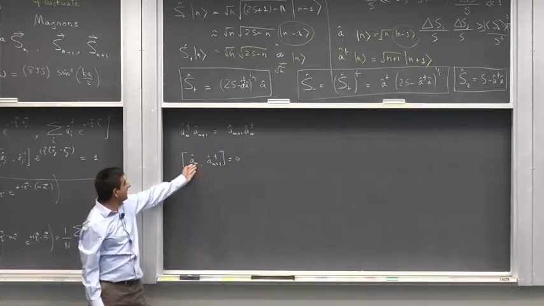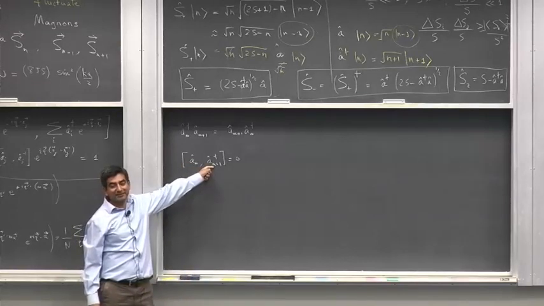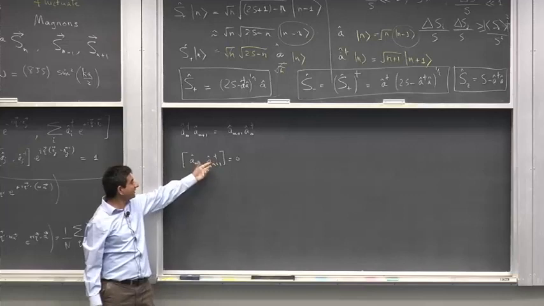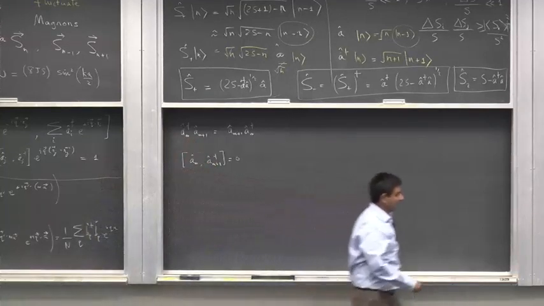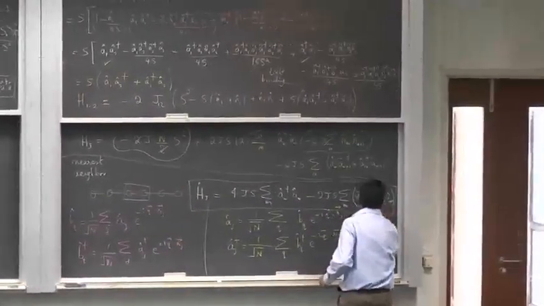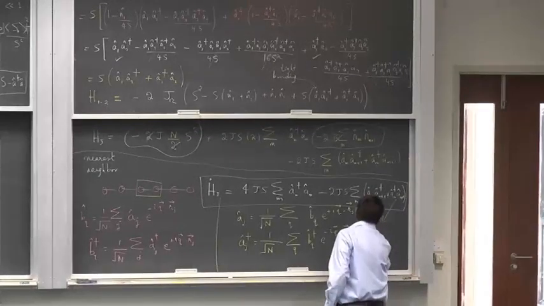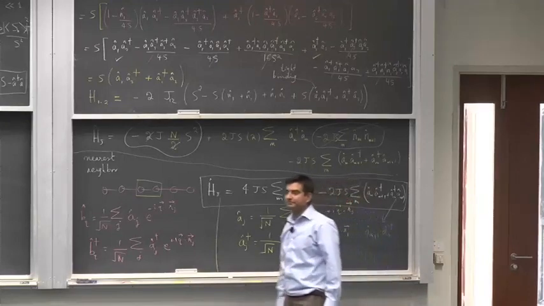This is an annihilation operator on the m spin, and this is a creation operator at the location of the m plus 1 spin. So I can reverse the order. So this third term can also be written as am plus 1 into am dagger. Correct?